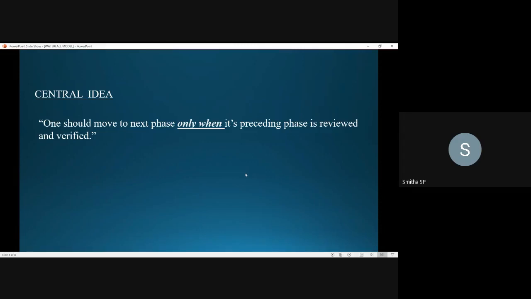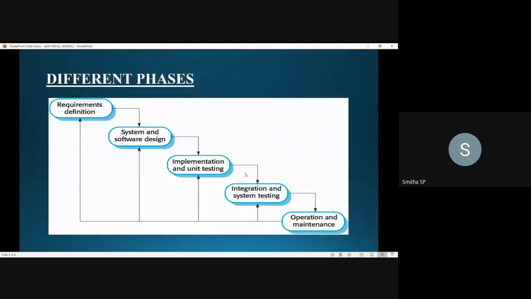Now, let's look into the different phases of the waterfall model. The waterfall model has five different phases. The principal stages of the waterfall model directly reflect the fundamental development activities.